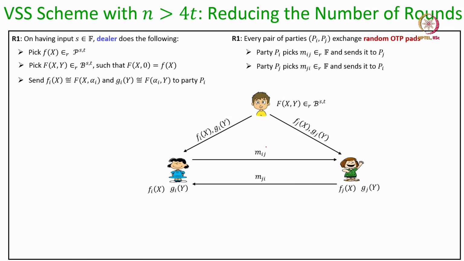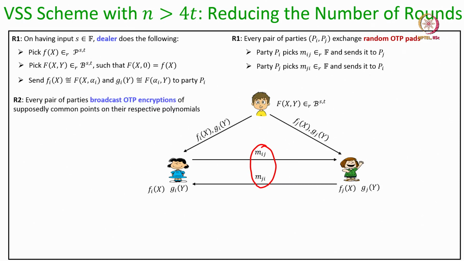Namely, during the first round between every pair of parties pi and pj, they will exchange among themselves random OTP pads, and then during the second round these random OTP pads are used to make public OTP encryptions of the supposedly common points. Since the pads are exchanged privately between pi and pj, even if these OTP encryptions are made public, nothing is going to be learned about the individual values of the row and column polynomials of an honest pi and honest pj if the dealer is honest.